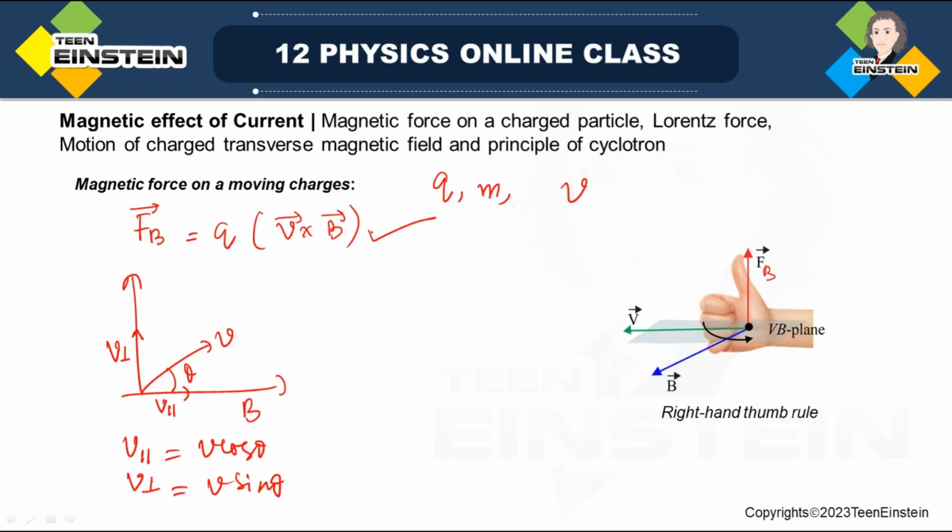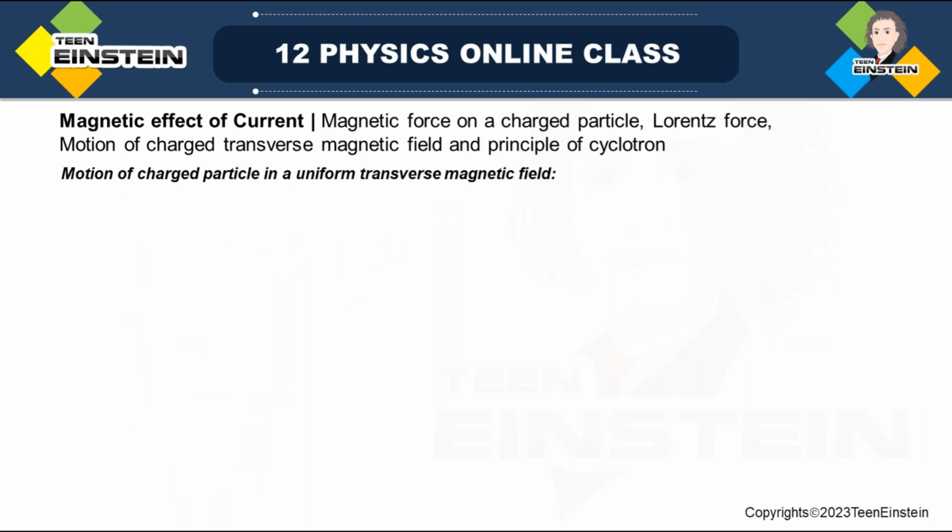So the magnetic force depends directly on the magnitude of the charge, the magnitude of the magnetic field, and the component of the velocity which is perpendicular to the direction of the field. These were the things which we need to know. This force was first discovered by Lorentz, a Dutch physicist.